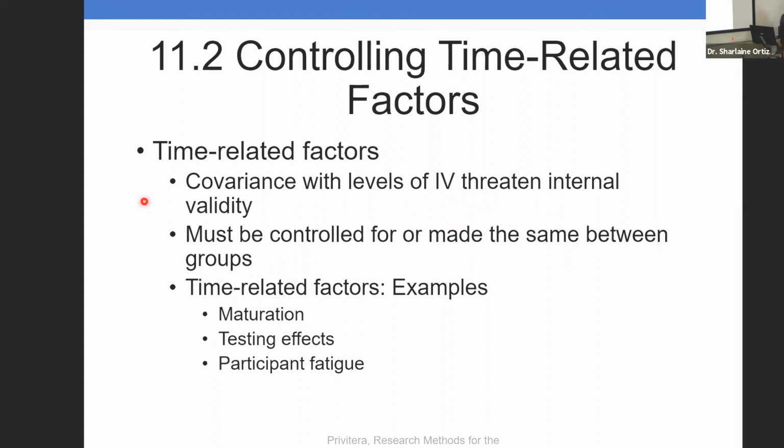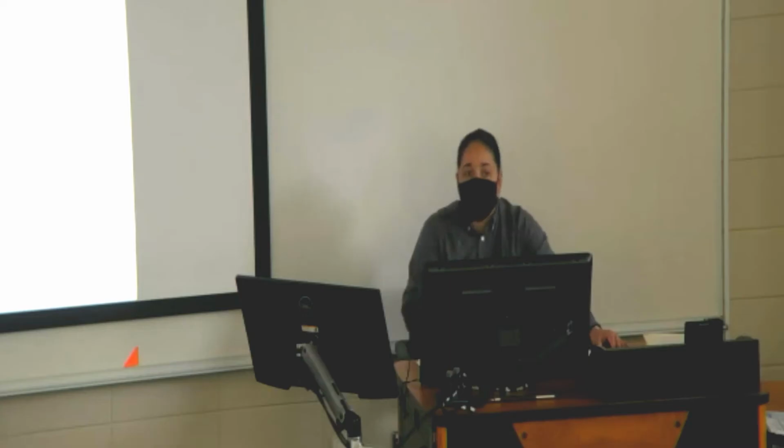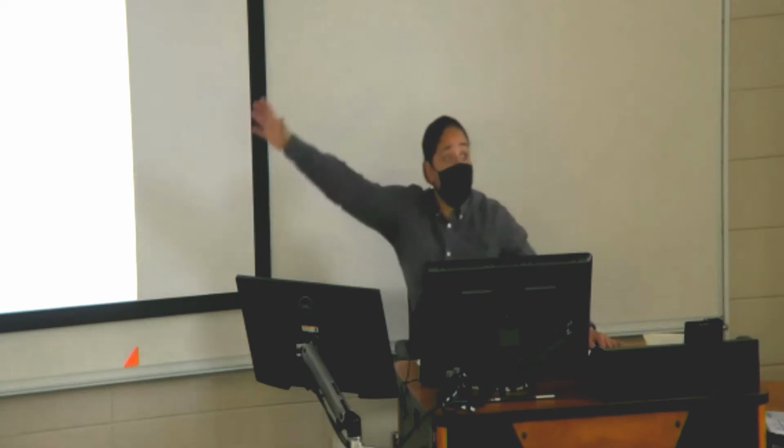That is why this covariance can become a threat to internal validity. How do I exactly know that I am measuring what I'm trying to measure if there is a co-factor, right?